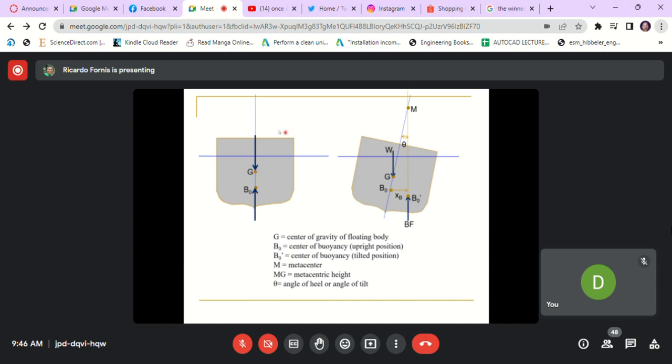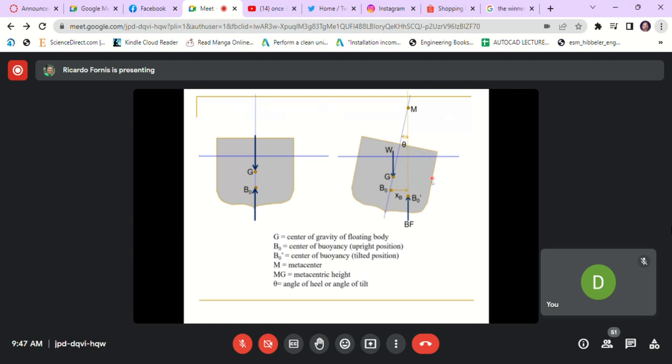And what will happen if you tilt, if you disturb the floating object such that the position is now the figure on the right side, where the angle of tilt is indicated as theta.